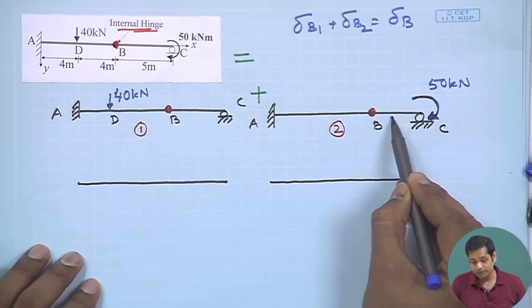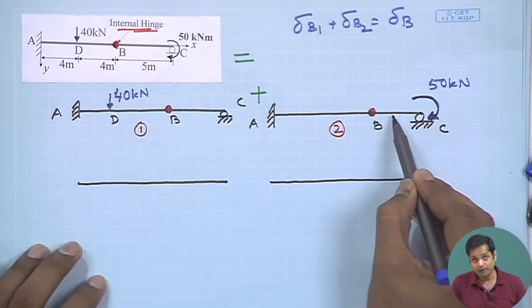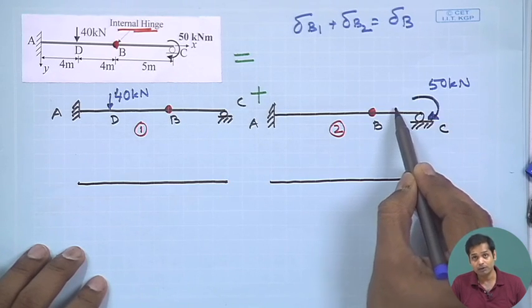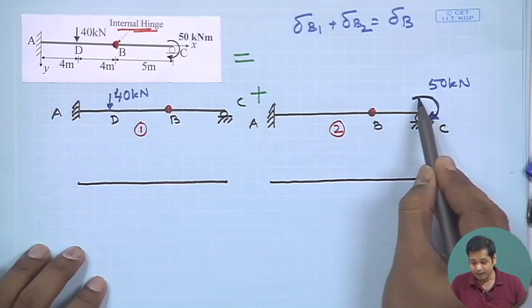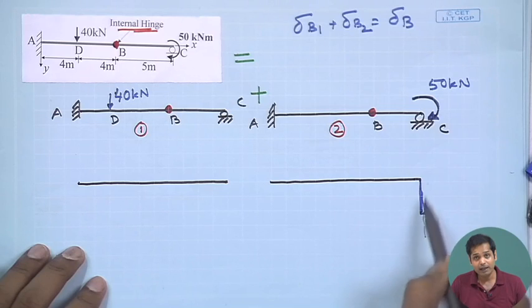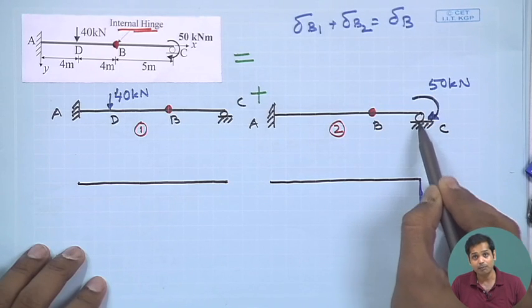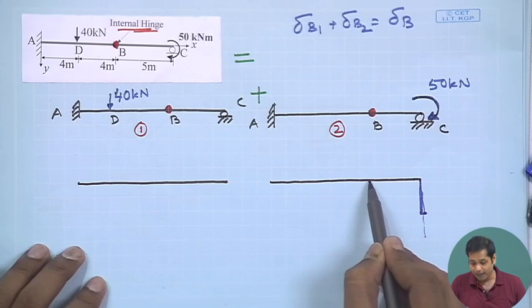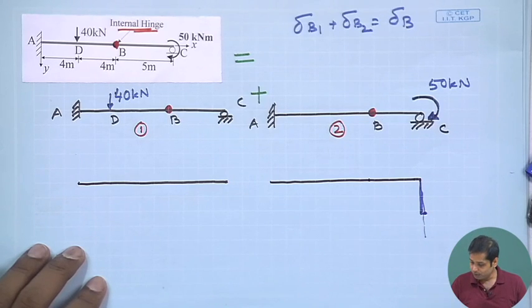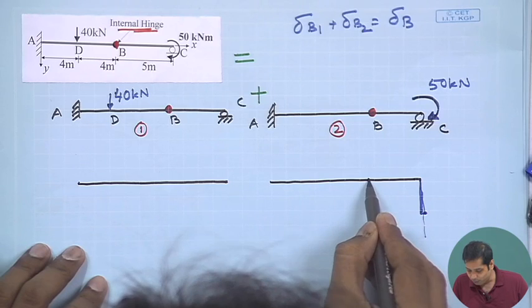What are the forces that will cause variation of bending moment between B and C? This is the initial moment at C, and then you have a support reaction, and the support reaction will decrease this moment, and eventually at point B your moment will be 0.